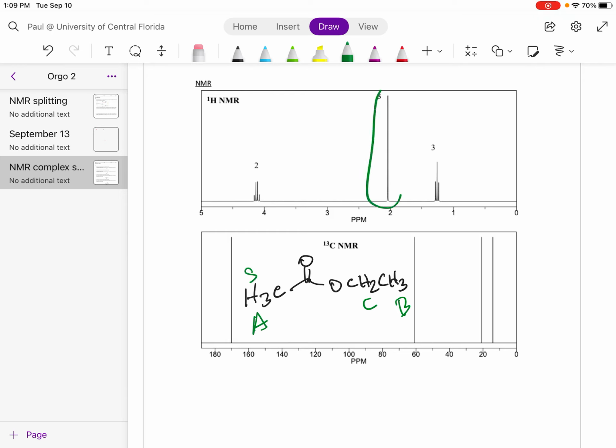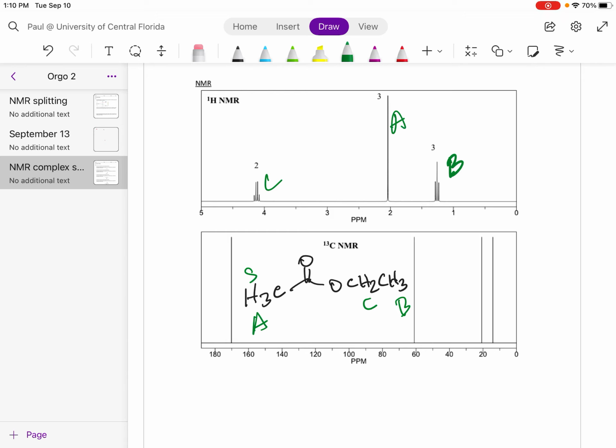And so that's what we see right there. So that's A. And it matches the chemical shift of approximately 2. And then we have another methyl group, B, right there. And this B right here we would predict to split as a triplet, and that matches. And then our methylene, we see right here, would split into a quartet, which would be right there. So that matches up nicely.